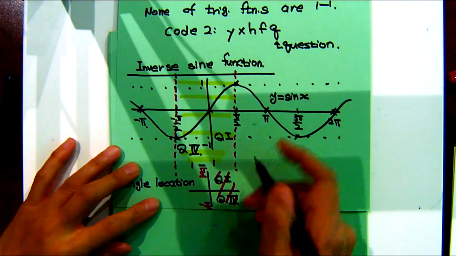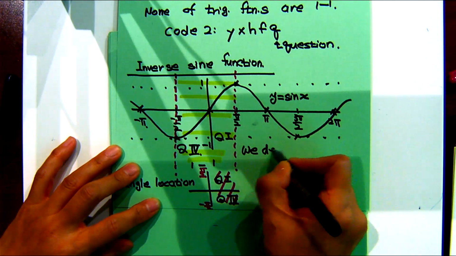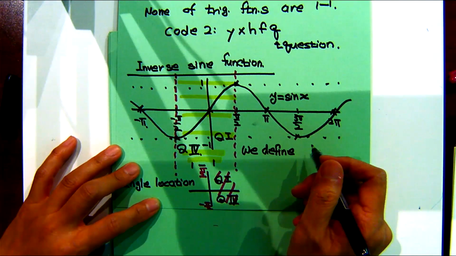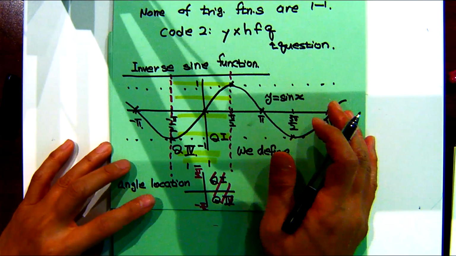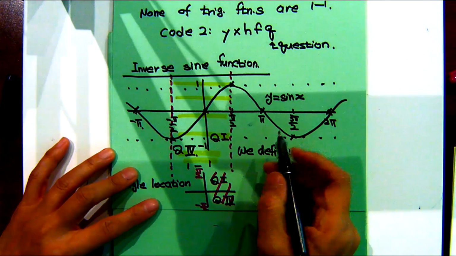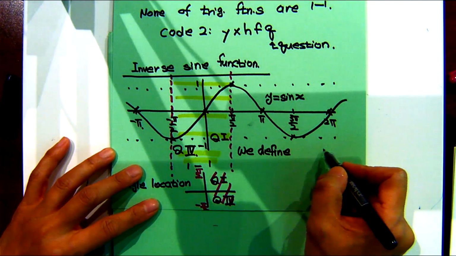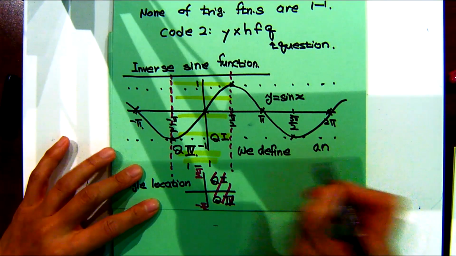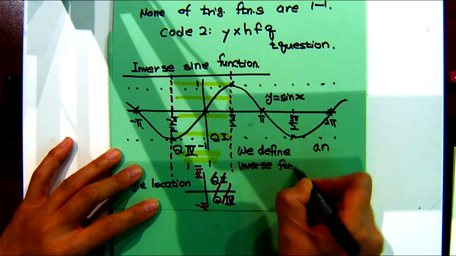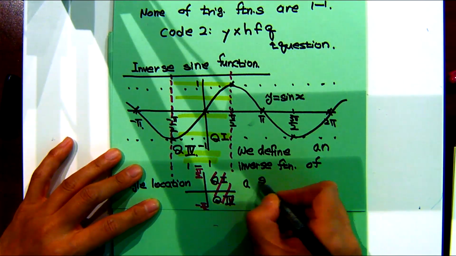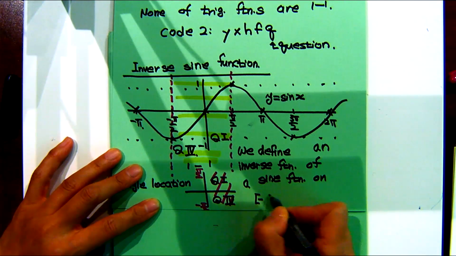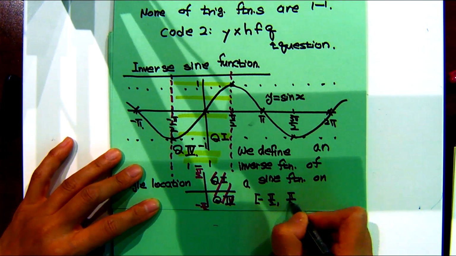So we define an inverse function of a sine function on negative pi over 2 to pi over 2.